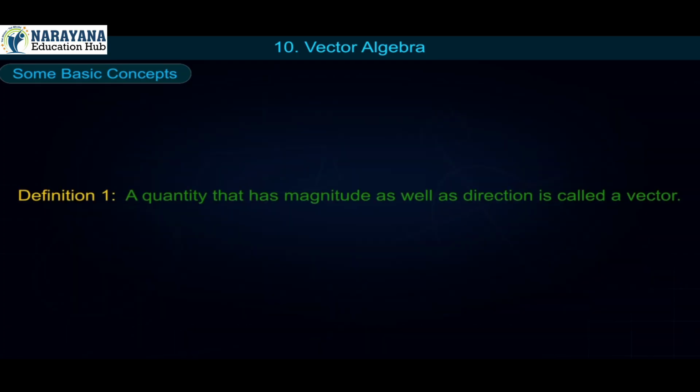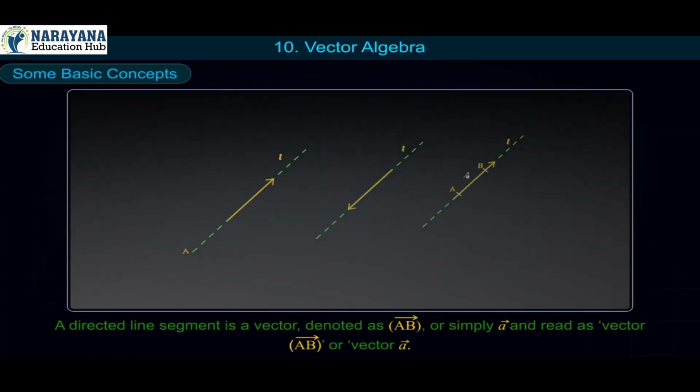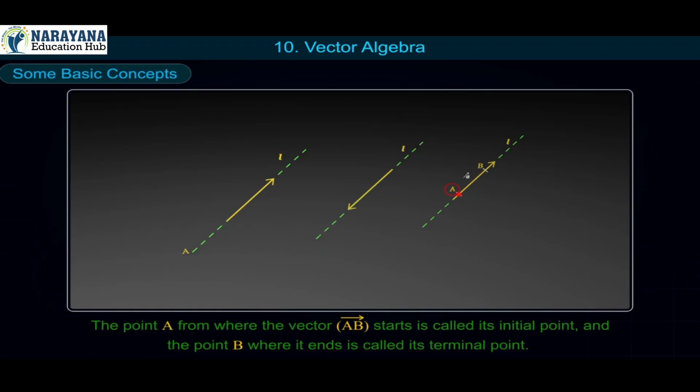Definition 1. A quantity that has magnitude as well as direction is called a vector. A directed line segment is a vector denoted as vector AB or simply vector a, and read as vector AB or vector a. The point A from where the vector AB starts is called its initial point, and the point B where it ends is called its terminal point.